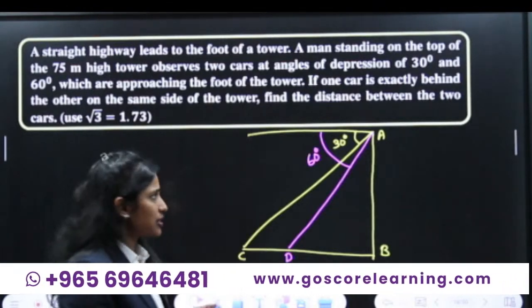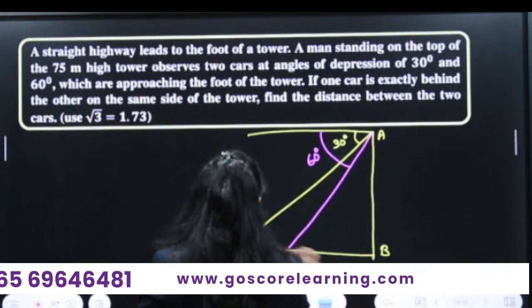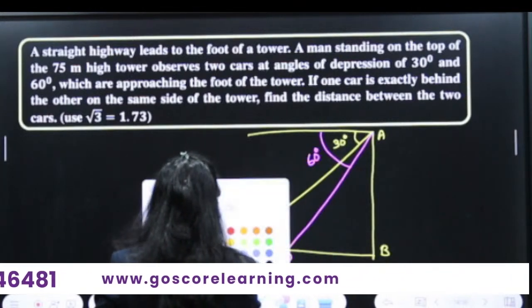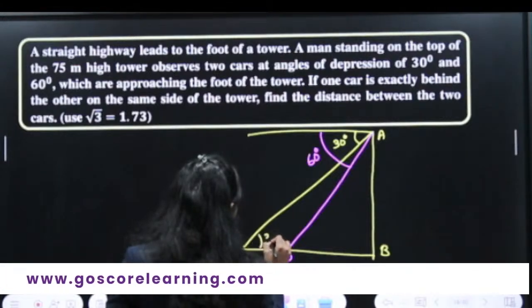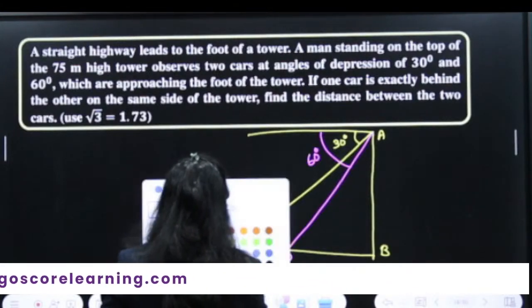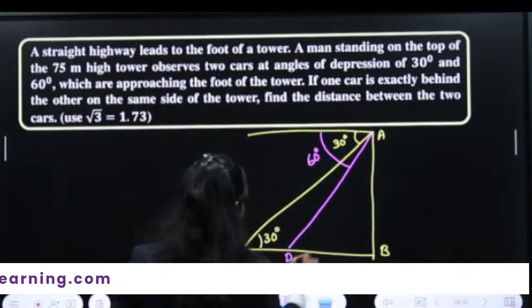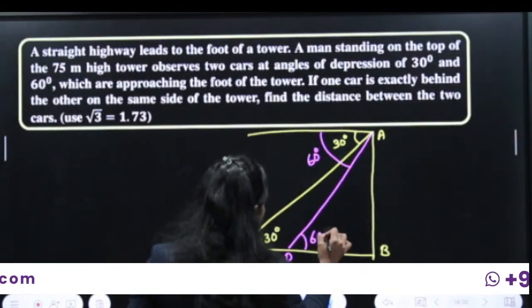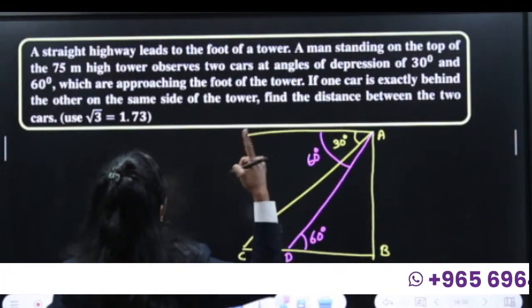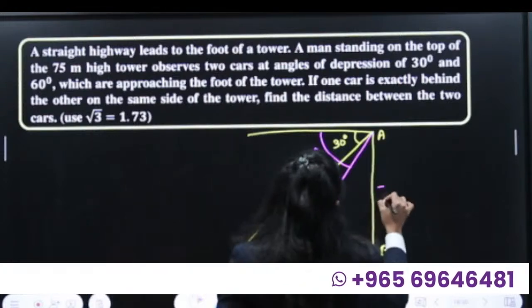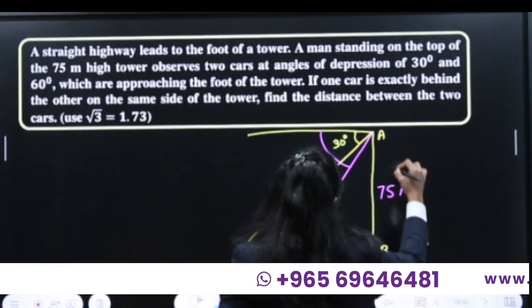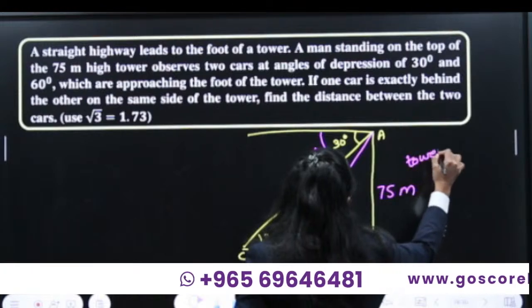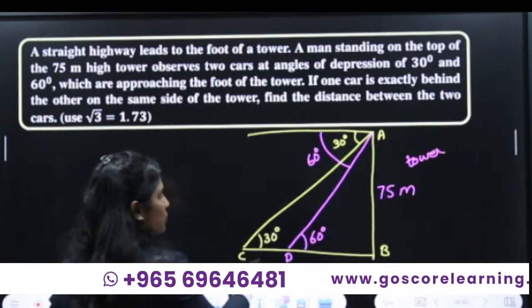So for this one, 30 degree, we'll get 30 degree here, and for 60 degree, we'll get it here. Okay, and the height of the tower is given, it is 75 meters. So this is our tower. These are cars. Okay, car 1 is C, car 2 is D.